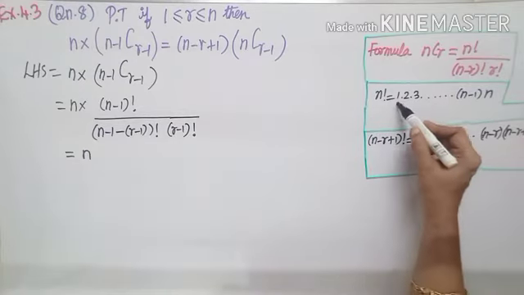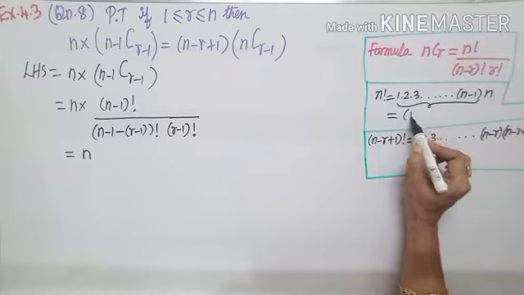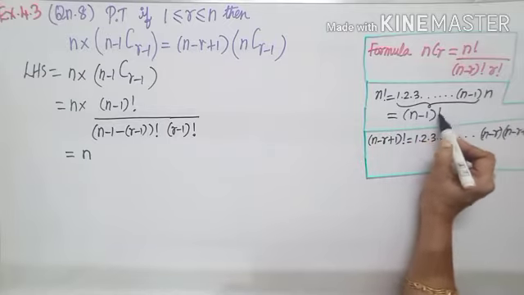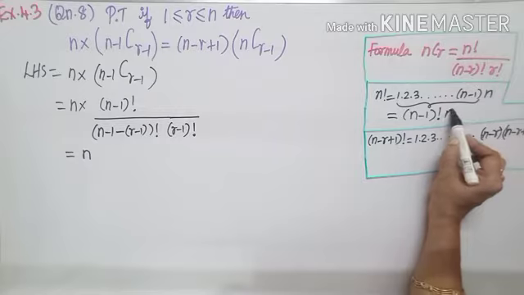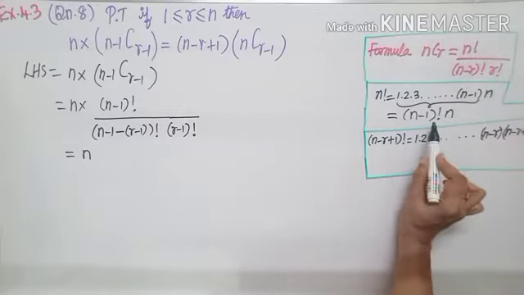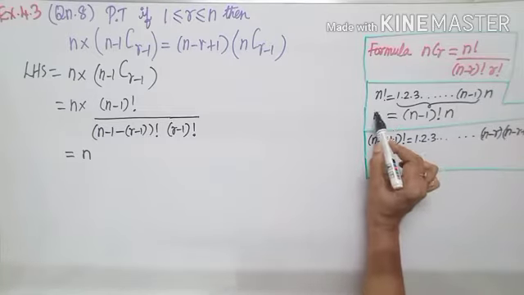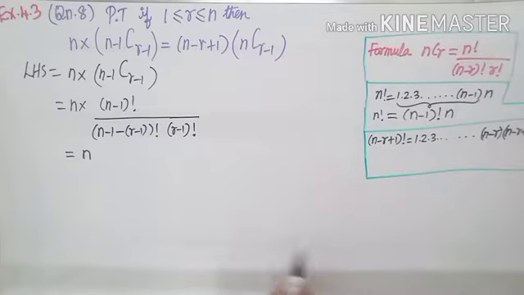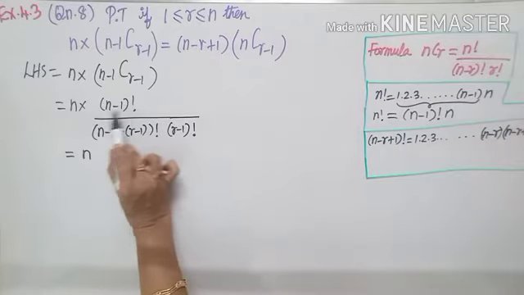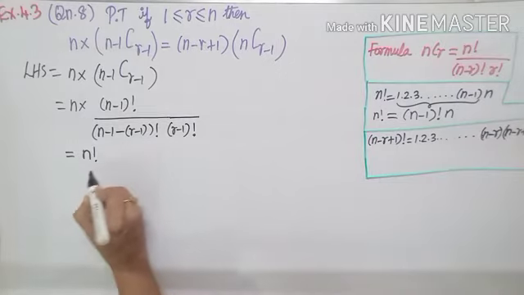So I can write this 1 to n minus 1 as n minus 1 factorial into n. So wherever n minus 1 factorial into n comes, I can put n factorial. So n into n minus 1 factorial becomes n factorial.